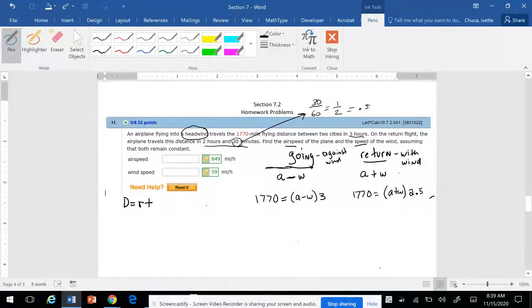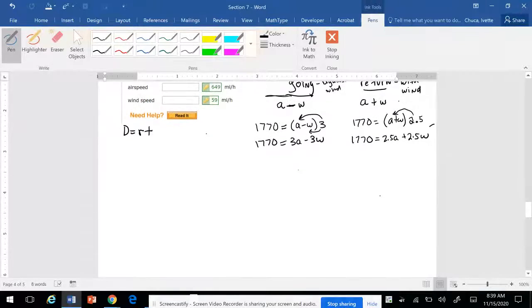So now let's simplify these equations a little bit further. So if I distribute the 3 in here, I get 3A minus 3W. And distribute the 2.5. Okay. So now let's look at this as a system of equations. My first equation.